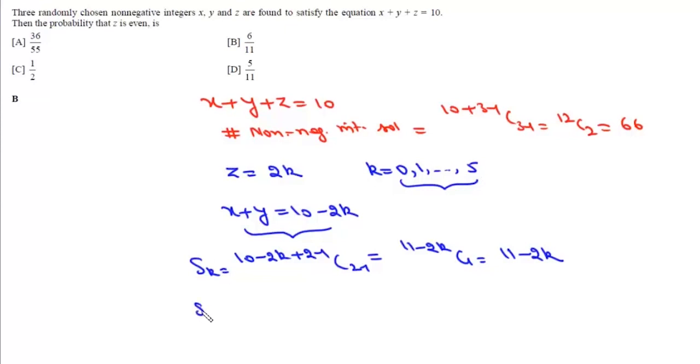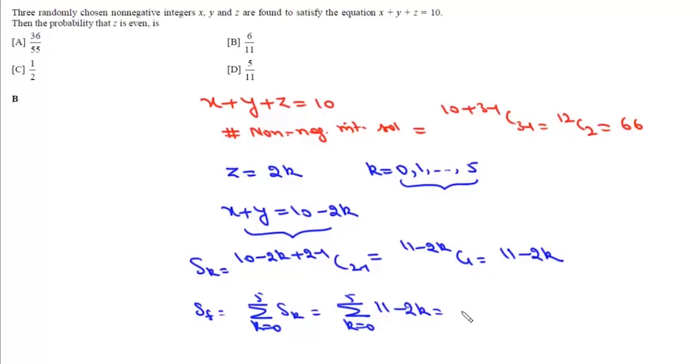So the total number of favorable cases will be given by this summation, k varies from 0 to 5, 11 minus 2k.